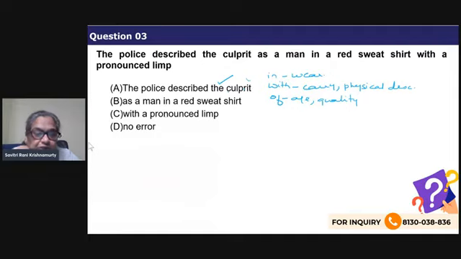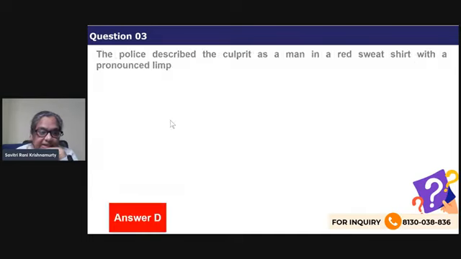So in is used for things that you wear, and with is used for specs, with a long nose, with long hair, with curly hair, with straight hair, with dyed hair, with a limp, with a toothache. So you use with when you're describing any kind of physical characteristic. So the correct answer for this question was there is no error, and D is the correct answer.